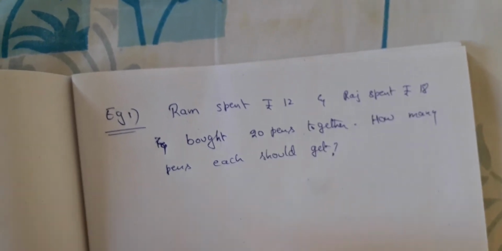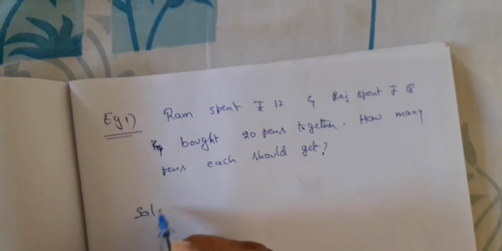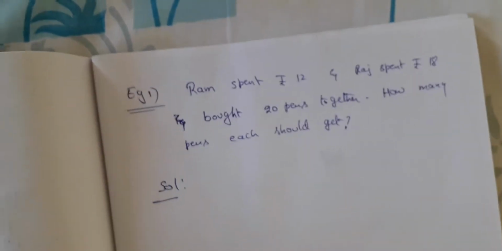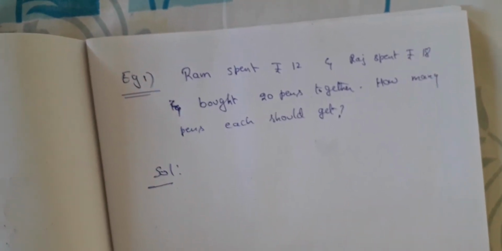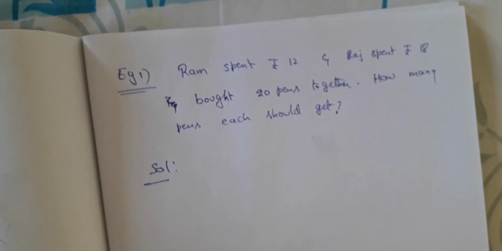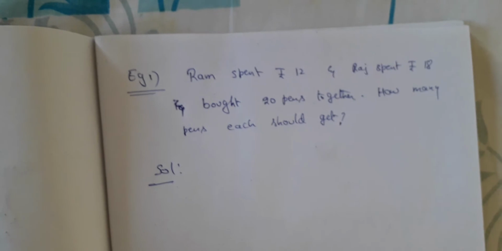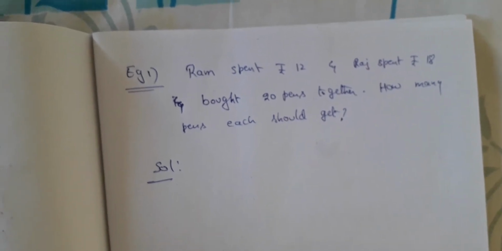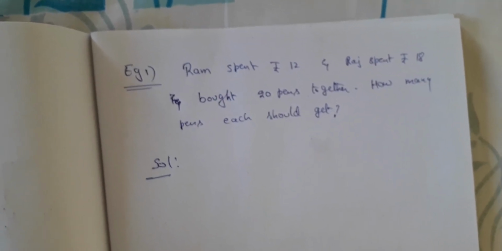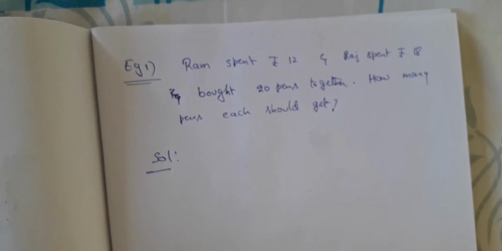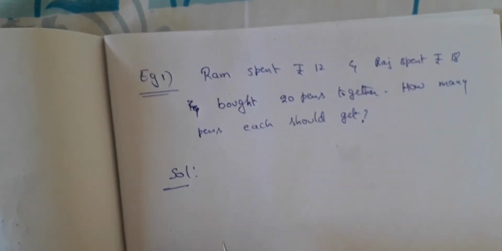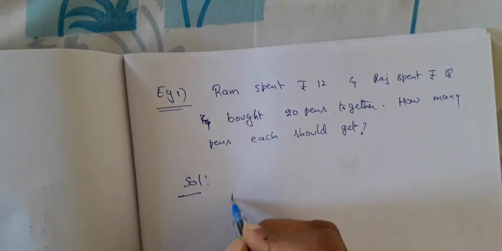How are you going to solve this? We are going to solve it based on ratio and proportions only. Whatever you have spent, in which ratio you have contributed the money, in the same ratio you have to get the goods, is it not? So now let us see what the ratio is.